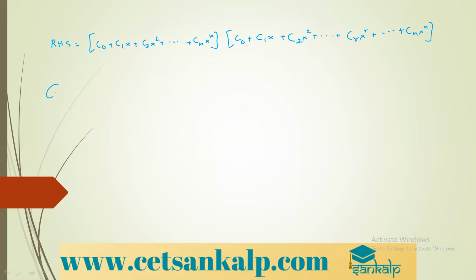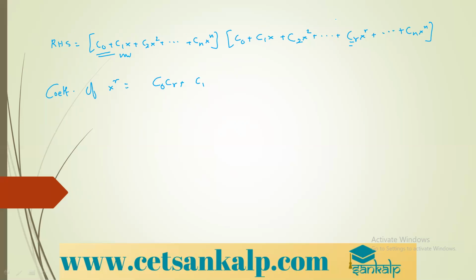When I multiply, I am taking just the coefficient of x power r. That means I will multiply C0 and Cr. Then when I multiply C1, I have to take the coefficient of x power r.